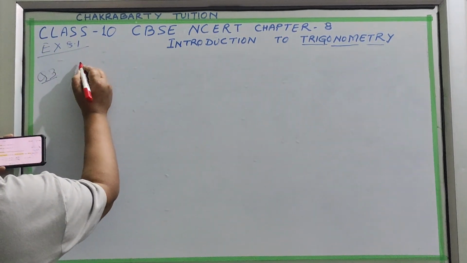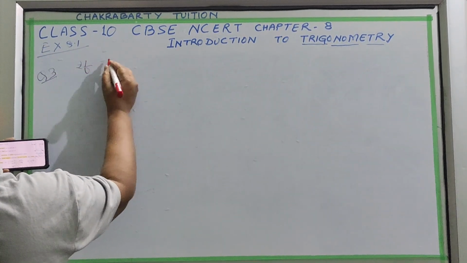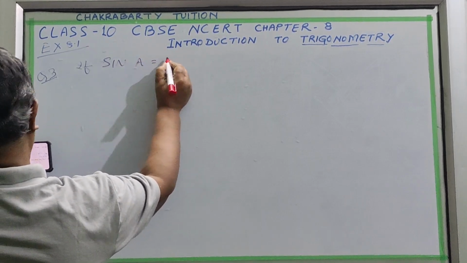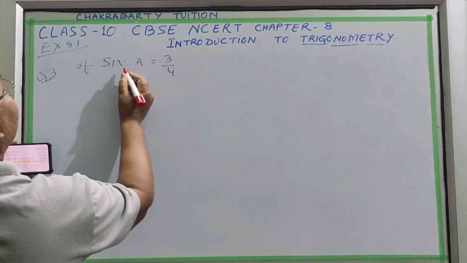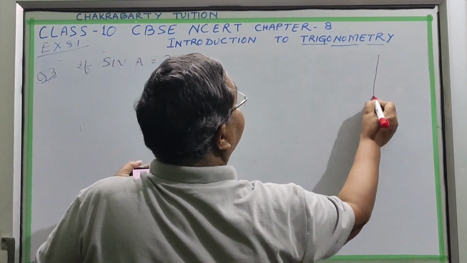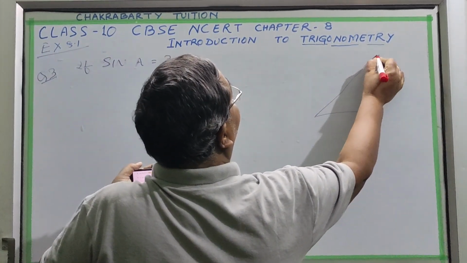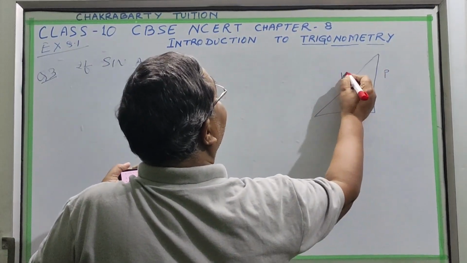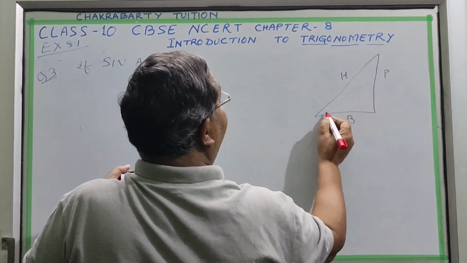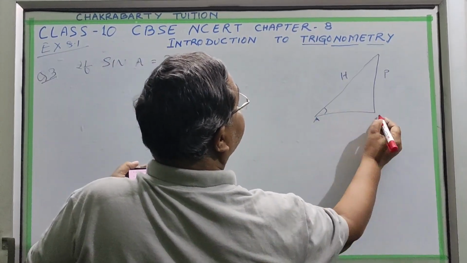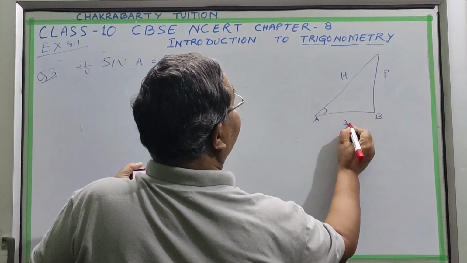Question number 3, if sin A is equal to 3 upon 4. Sin A, if we make a triangle, this is your perpendicular, this is base, and this is A. Suppose this is your A, and this is your B, and it is a baseline.